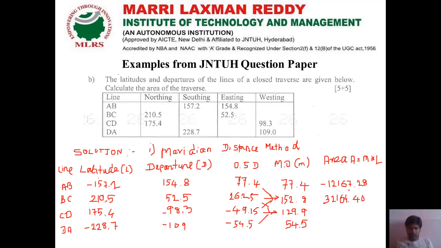So the next, 129.9 multiplied with 175.4 gives the answer of 22,784.46. So the next one, minus 228.7 multiplied with 54.5 gives the answer of minus 12,464.15.